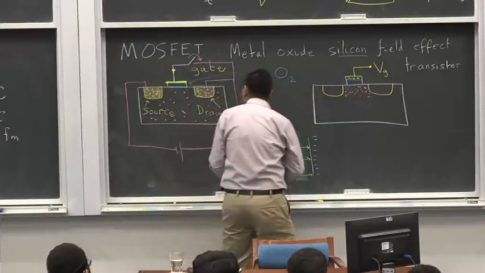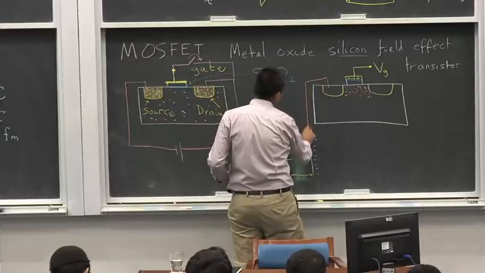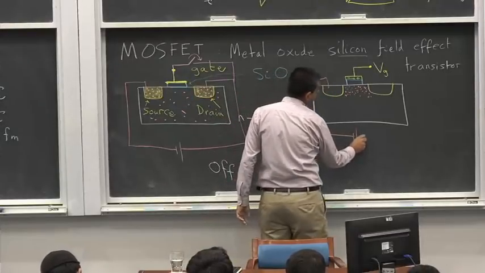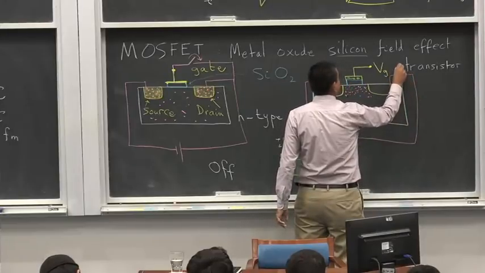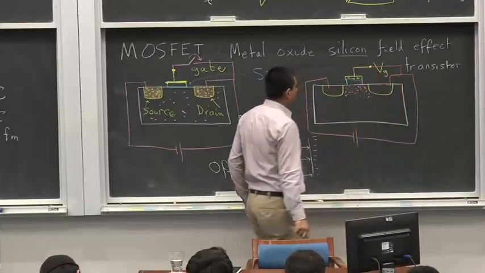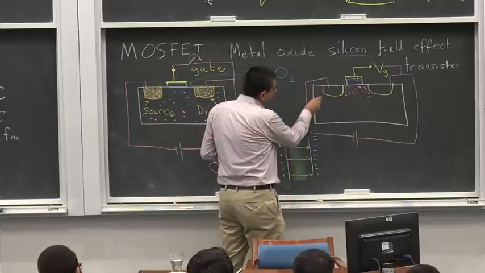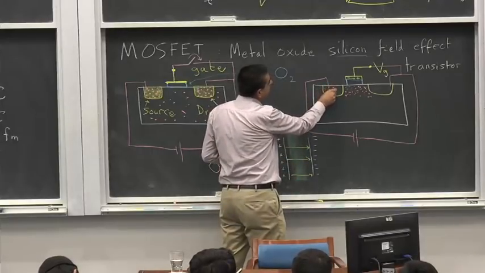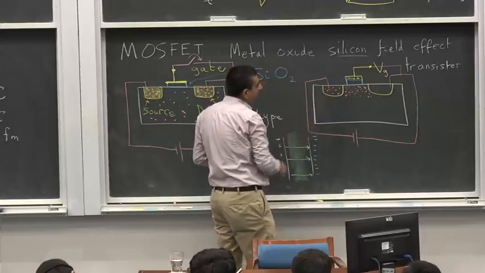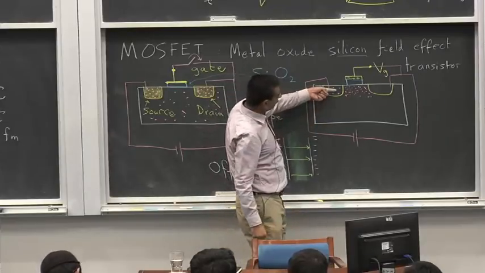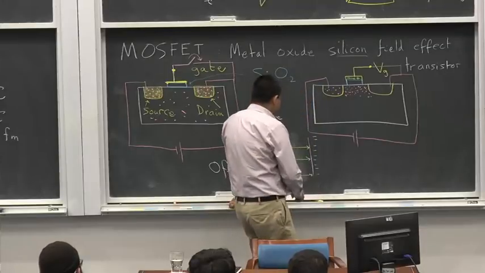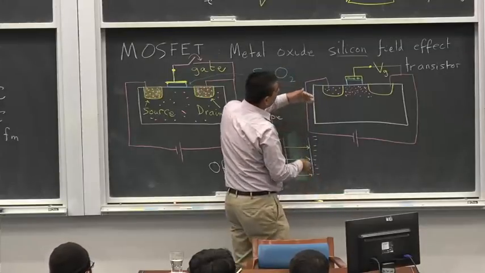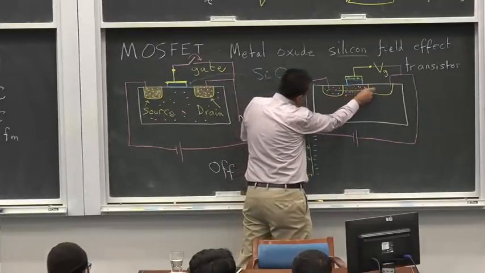Now we already have a battery connected here. So negative electrons can actually come out of this source, or a channel will exist for conduction to take place from the source to the drain.